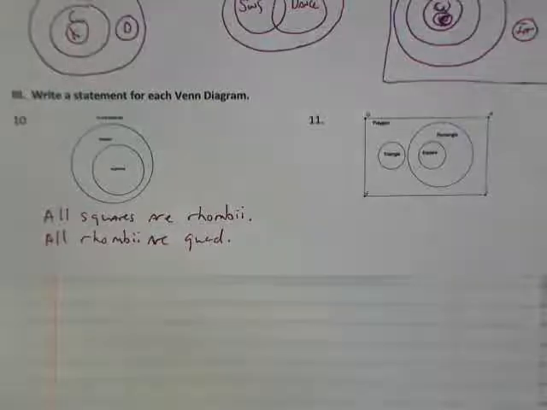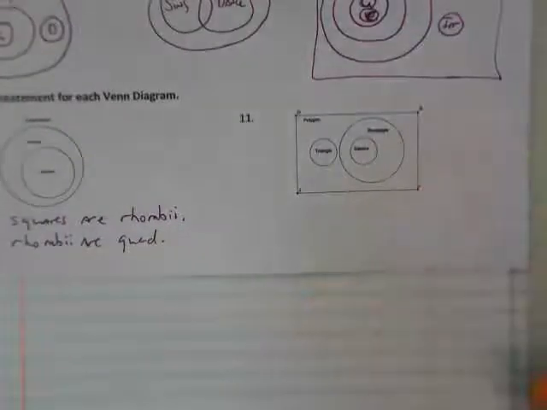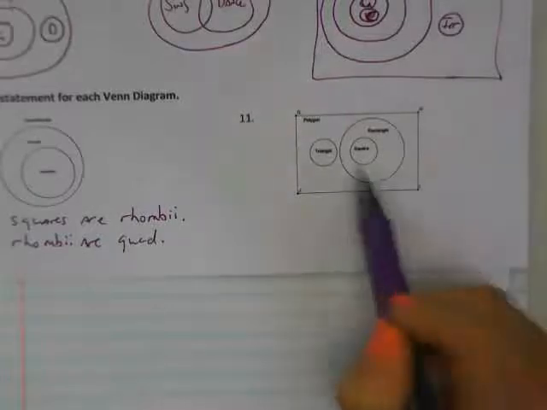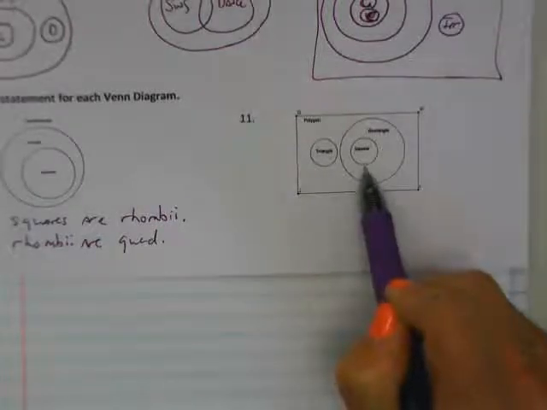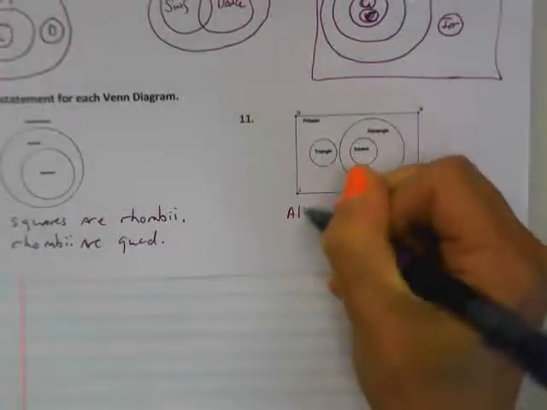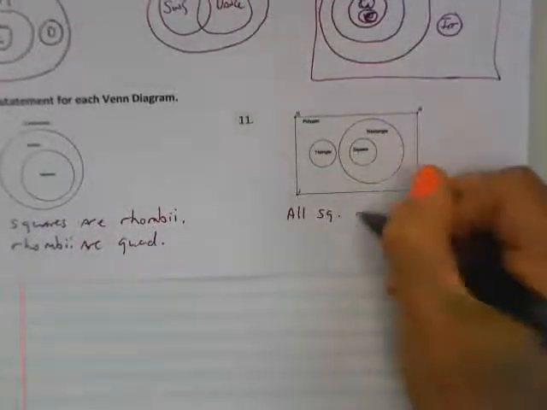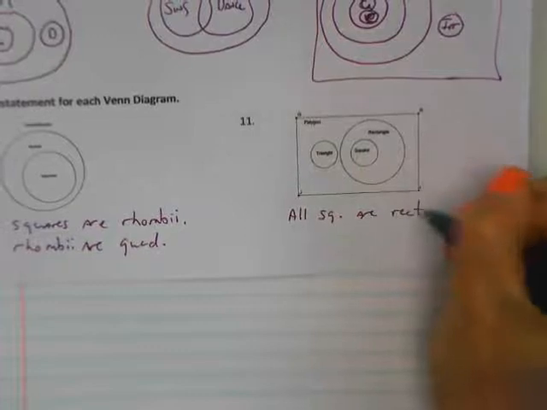Alright, number 11. Let's start with the innermost circle and work our way out. So how would you write your first statement? I hope you said all squares are rectangles. So that takes care of this circle.